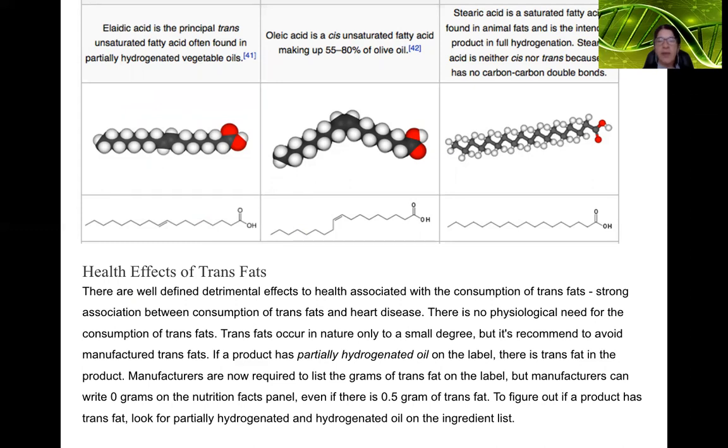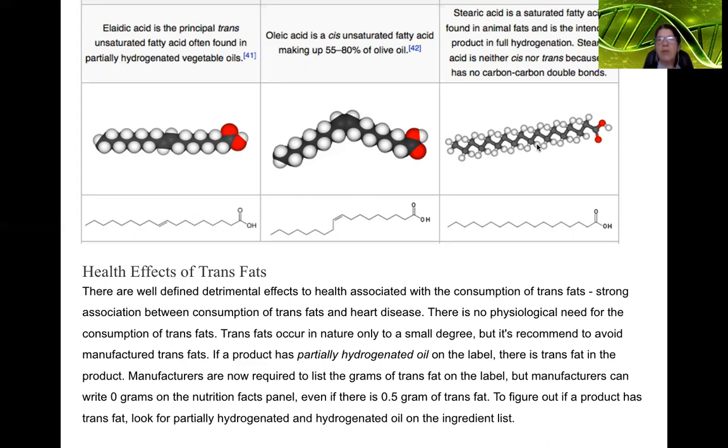However, trans fats in large amounts are really not good for your health. There is no physiological need whatsoever for us to consume trans fats. Trans fats occur in nature only to a very, very small degree, but it's recommended to avoid manufactured trans fats. So how do we get trans fats in the food?